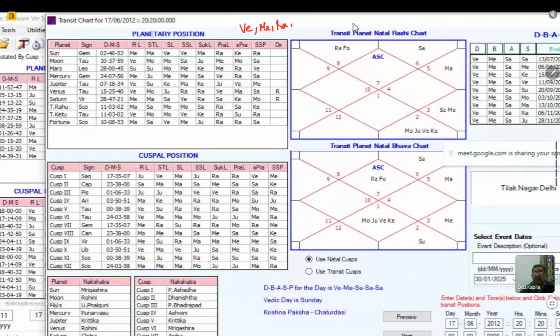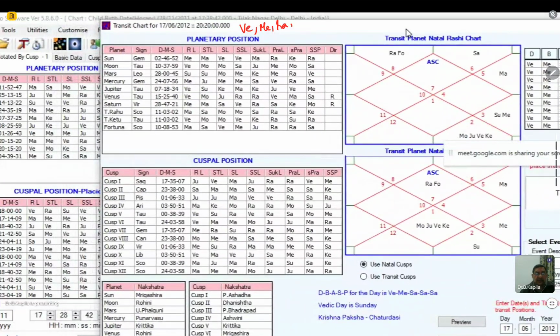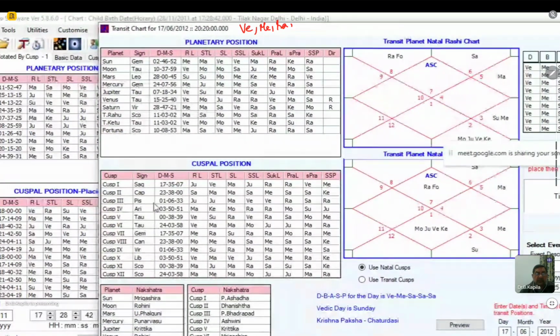Now, for the purpose of fixing the Sukshma, what is important? Our first priority would be the fifth sub-sublord, then second sub-sublord, and 11th sub-sublord. So here I have 2 planets. One is Mercury and the other one is Venus.